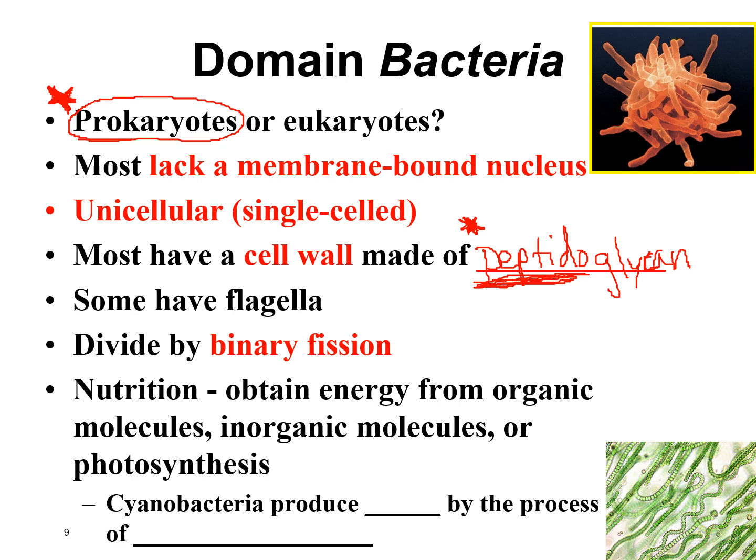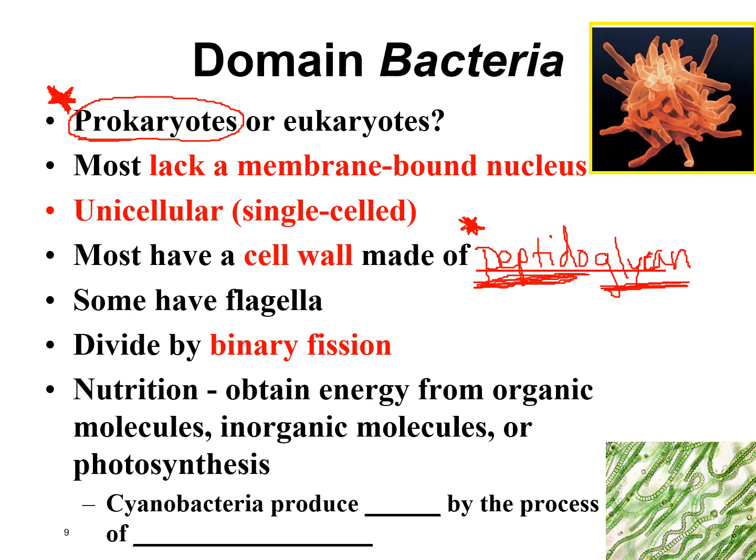So peptido is referring to proteins. And then what about glycan? So glycan is referring to carbohydrates. So their cell wall is made out of peptidoglycan, which is just made out of proteins and carbohydrates. So we'll look at that in chapter 3.